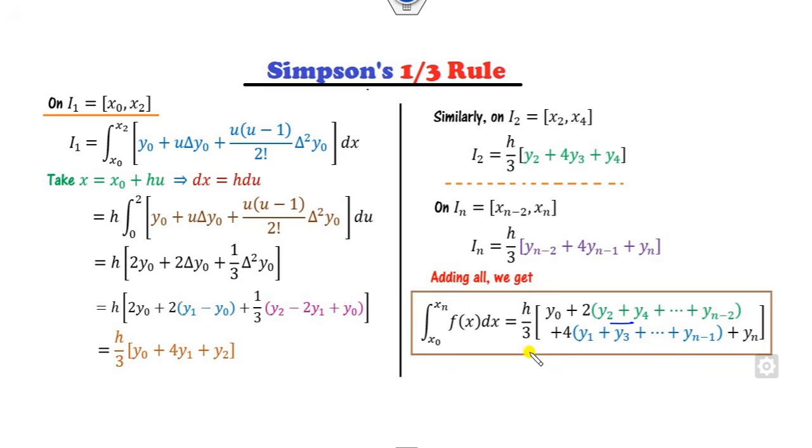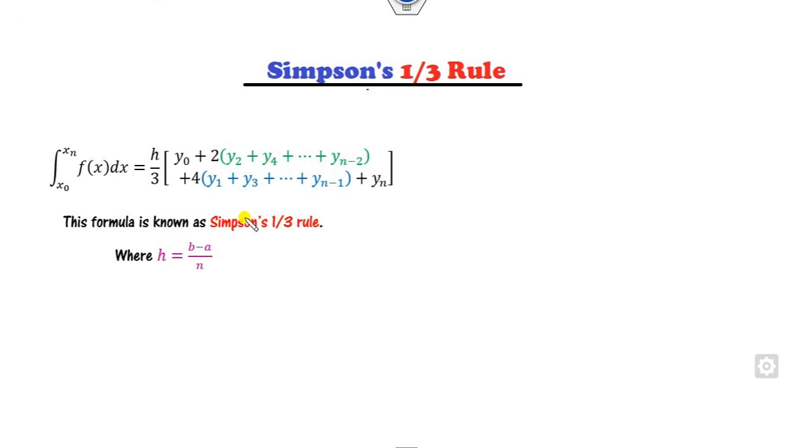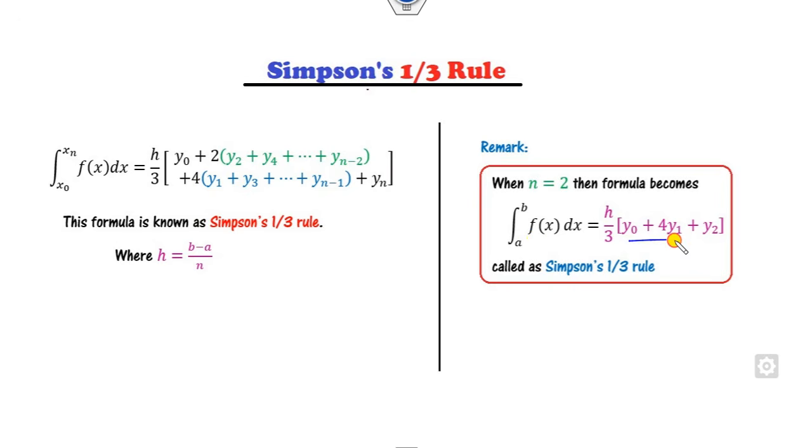So this formula is called the composite Simpson 1/3 rule, where h is (b minus a) over n. Make sure if you consider n is 2, then this is called the Simpson 1/3 rule. Whenever n is not equal to 2, then we call it the composite Simpson 1/3 rule.